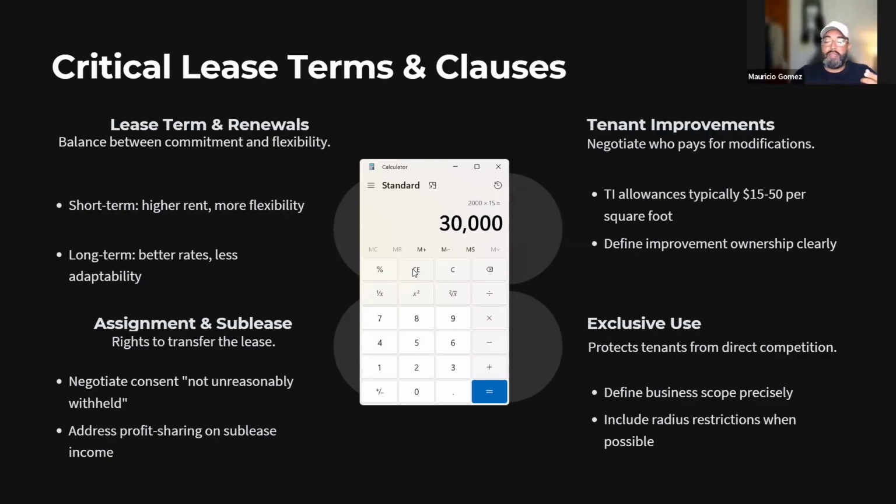Provide those receipts to the landlord. They cut you a check for the $8,000. You have $22,000 remaining. That's usually how the tenant improvement allowance or reimbursement works. And sometimes they'll say, okay, we'll work on it together because we have a contractor. So it depends on the situation. That's very important. Ask those questions, find out how they would provide the tenant improvement, because that's how you're going to be able to plan out your build out properly.